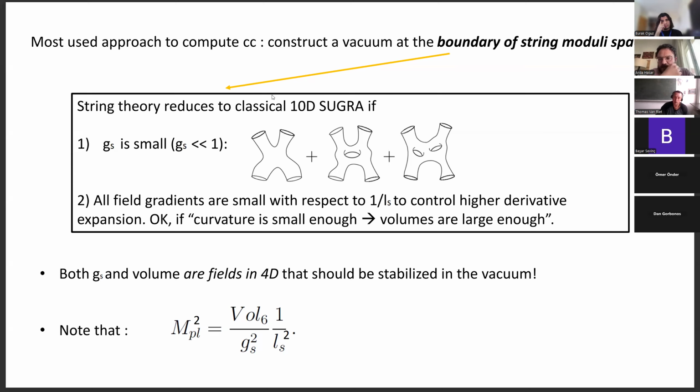Another thing that's important if you want to reduce at least to classical point particles: the coupling constant of string theory, which is a constant that tells you how string diagrams contribute, has to be perturbatively small. So obviously it doesn't have to be. You can live in a vacuum where this coupling constant is order 1 or big. I'm just saying, imagine we choose a vacuum where it's small. We can amazingly use classical 10-dimensional supergravity.